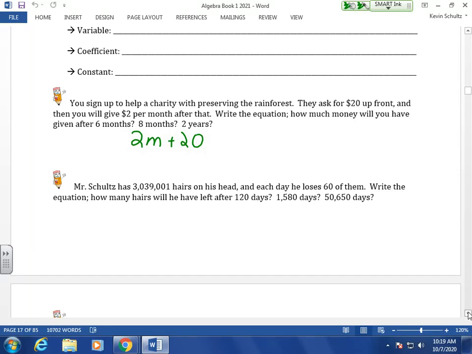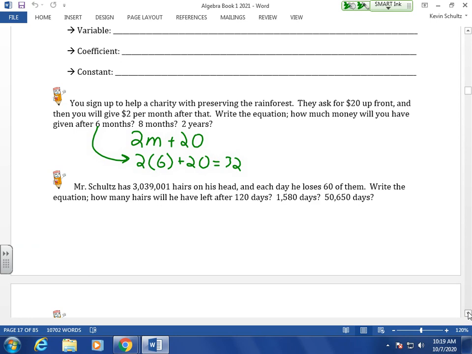6 months, do this one first, 6 months is another $12 to the charity, right? So that expression is correct. We're plugging in 6 months total. We would have spent 32 or given $32.